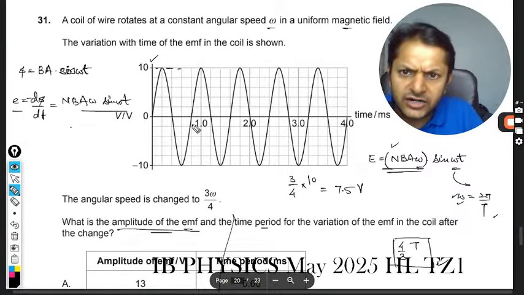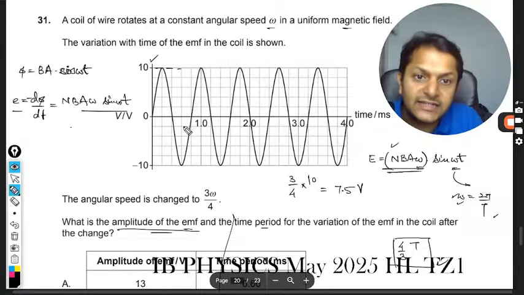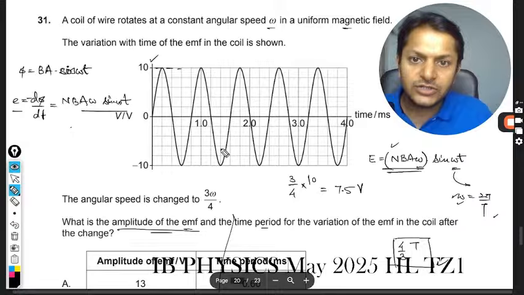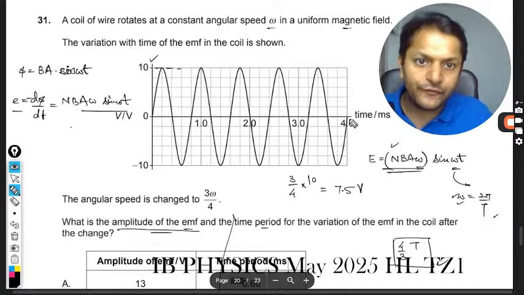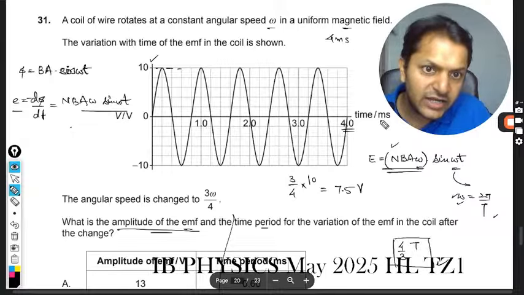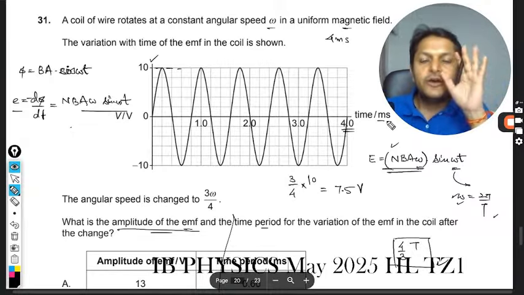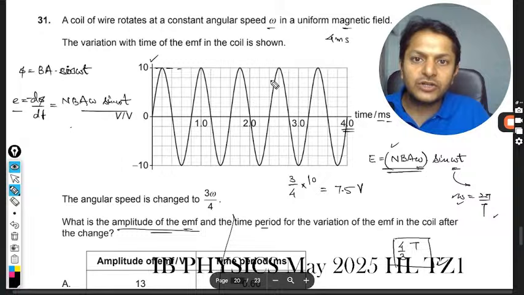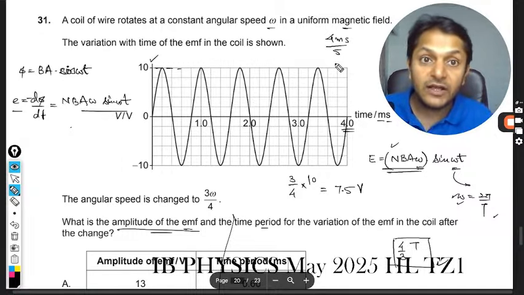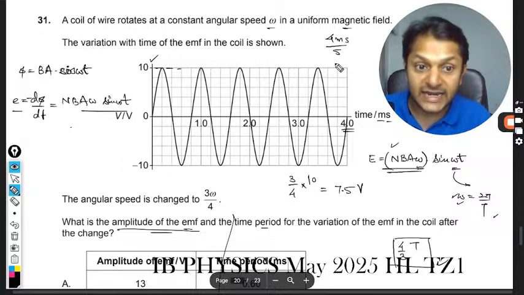Now that is a twist. We have to find the time period value. 1, 2, 3, 4, 5. So in 4 milliseconds, again, be very careful about the multiplier in the unit, there are 5 oscillations. So one oscillation is having a 4 by 5 millisecond time period.